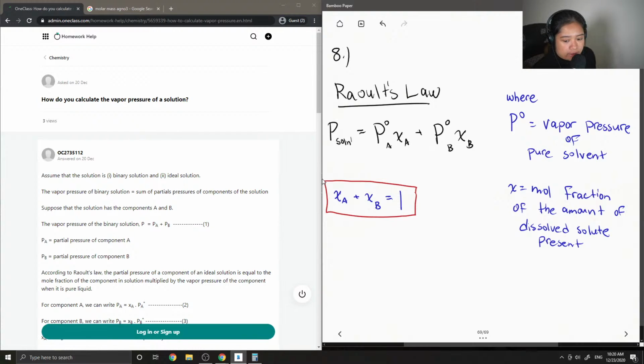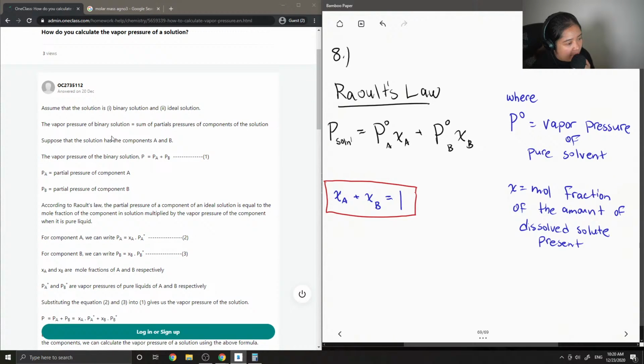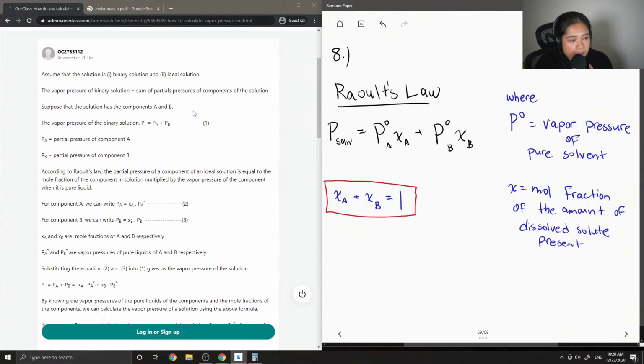Okay, so let's see what the junior tutor said. So they have two different scenarios where you can have a binary solution and an ideal solution. So for the vapor pressure of a binary solution, this is equal to the sum of partial pressures of components of the solution.